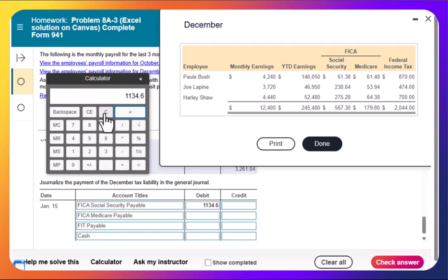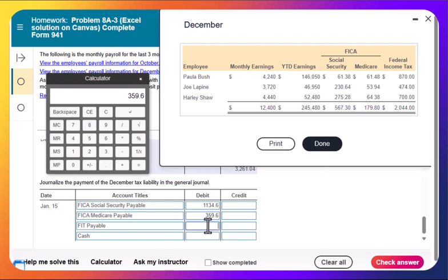And then we'll go ahead and clear our calculator and get our Medicare payable of $179.80, and we will multiply that by 2 to get both employee and employer portion. And then we'll go ahead and populate that into the cell. And federal income tax payable just for the employee again, so that's that $2,044 even here.